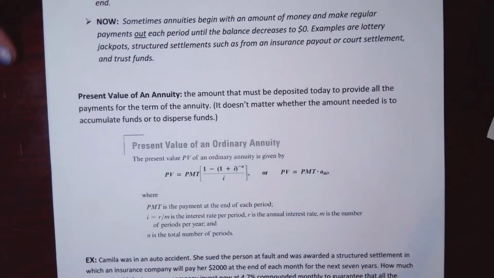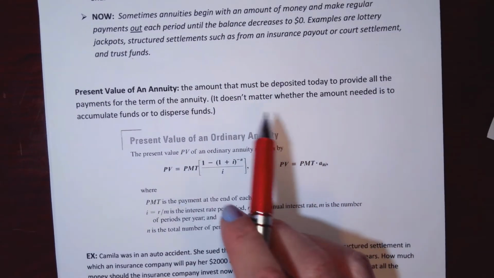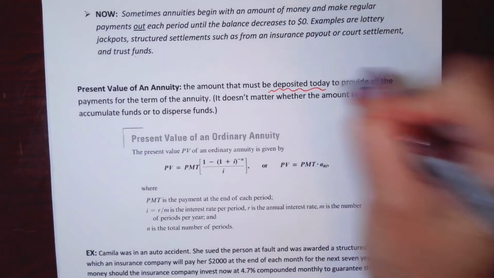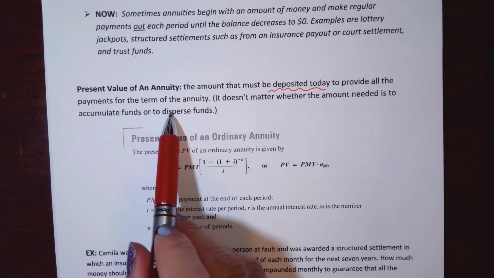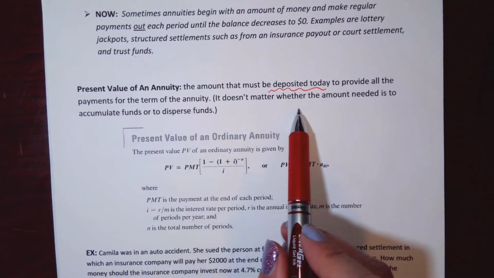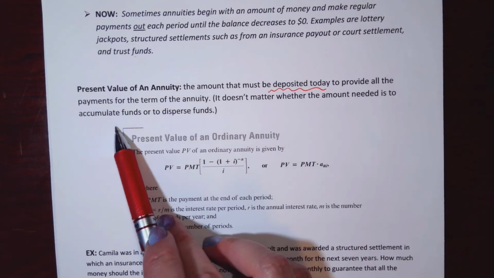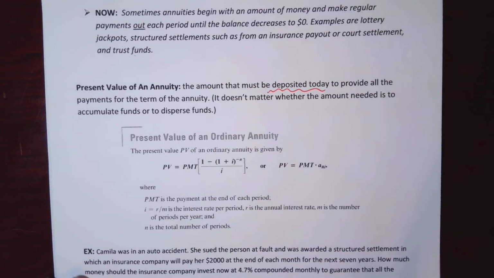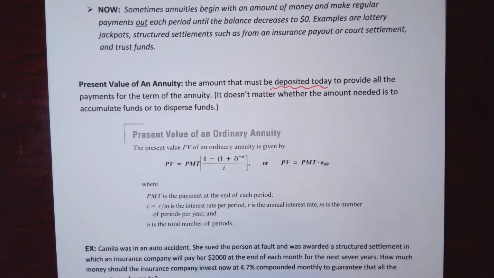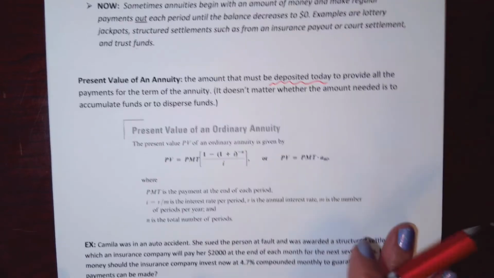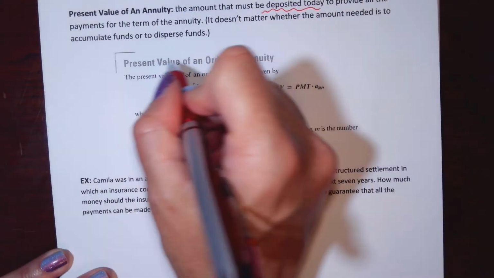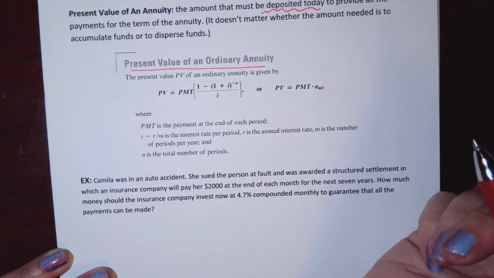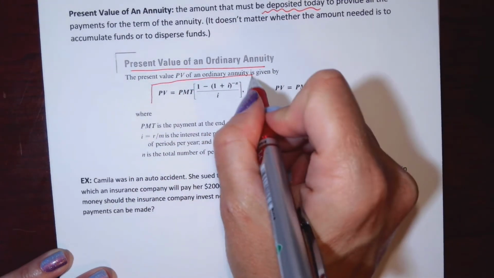Okay, present value of an annuity, the amount that has to be deposited today to provide all the payments for the term of the annuity. It doesn't matter whether the amount needed is to accumulate funds or disperse funds. How much do we need to put in today so that we have it as what we need at the end of whatever time? If we're looking for ordinary annuities, this is our formula.